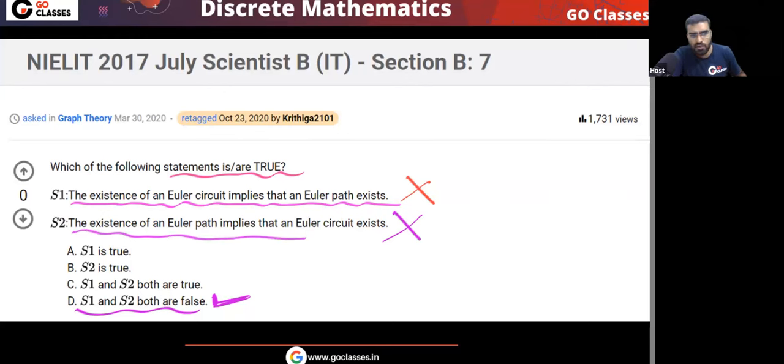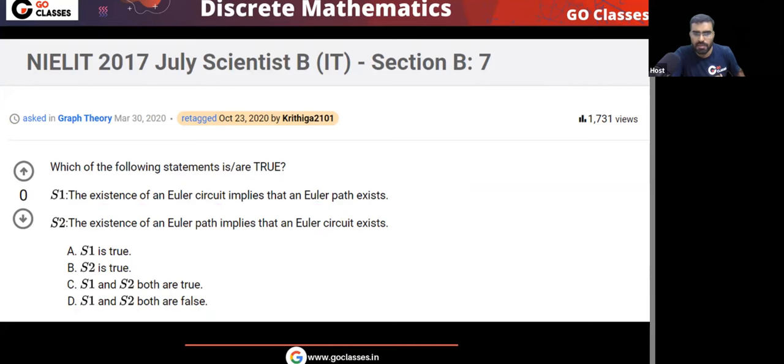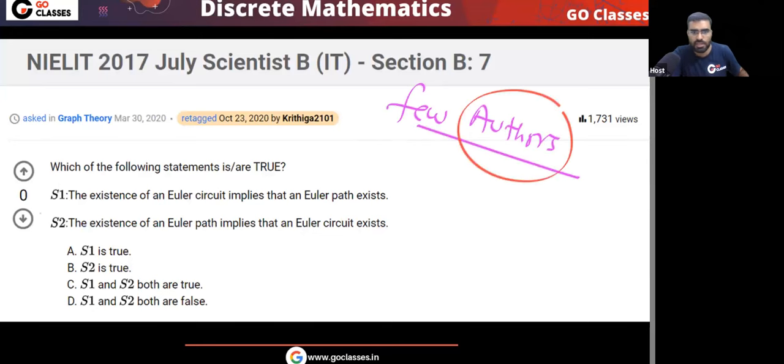Okay, let me tell you one more thing. Do you remember I told you this question is actually author dependent? There are few authors who consider that every Euler circuit is also an Euler path.